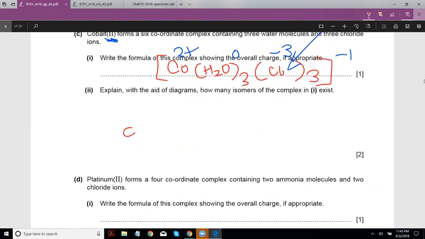I'm guessing. Cobalt, you have cis and trans. Actually no, wait. This has 3 of them, so there's no cis-trans.